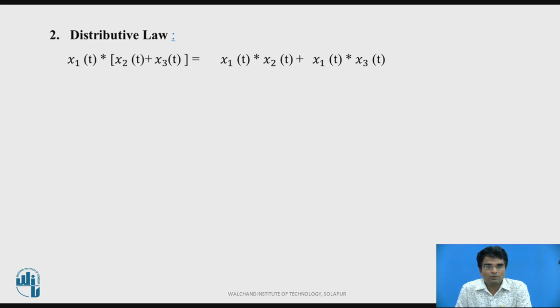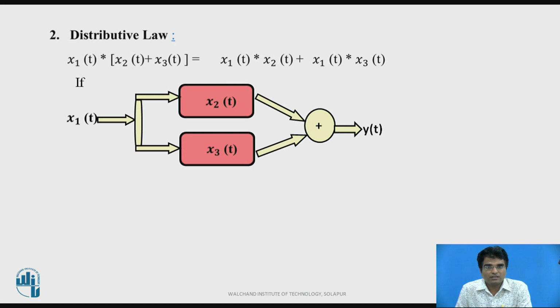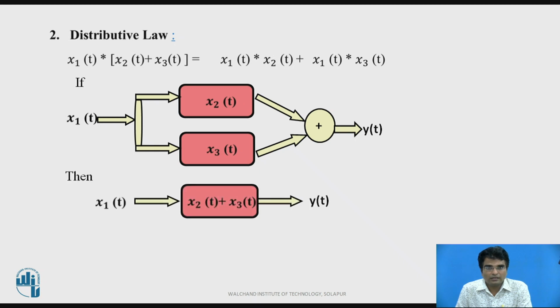Next one, distributive law. x1(t) * [x2(t) + x3(t)] = x1(t) * x2(t) + x1(t) * x3(t). If x1(t) is given simultaneously to x2(t) and x3(t), and their outputs are added at the summation, we get the final output y(t).